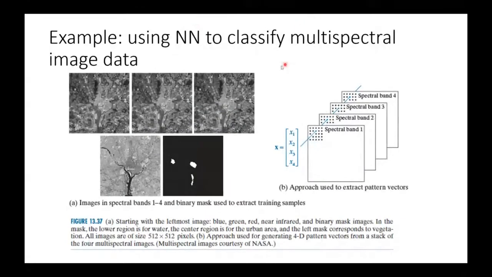Now, we can use that to classify basically any sort of data. In particular, the book gives this example, which is the classification of multispectral image data. I have to remind you that we are still talking about a classical multiply connected neural network where the inputs are feature vectors. So I should get all of this data, the spectral bands, and turn it into feature vectors.